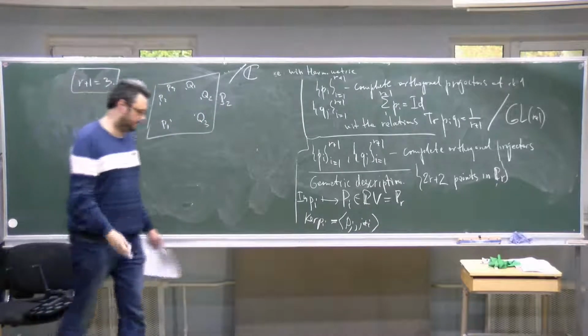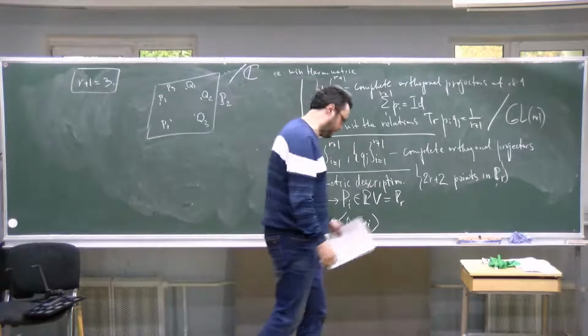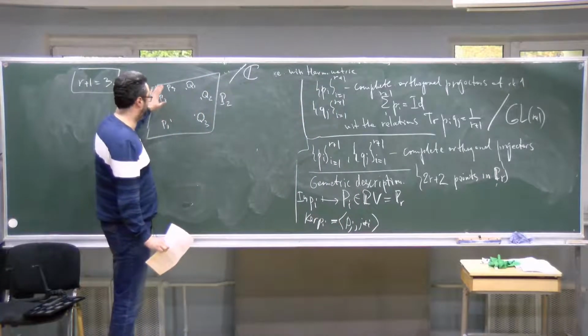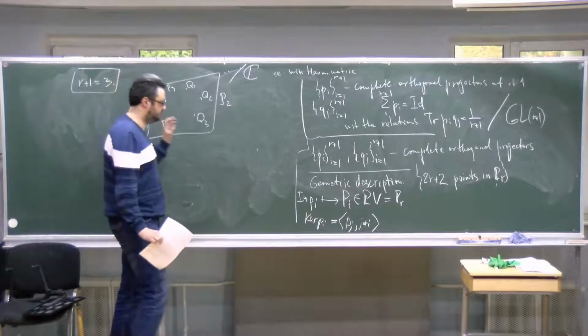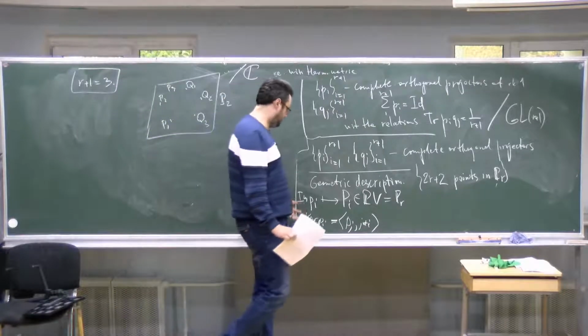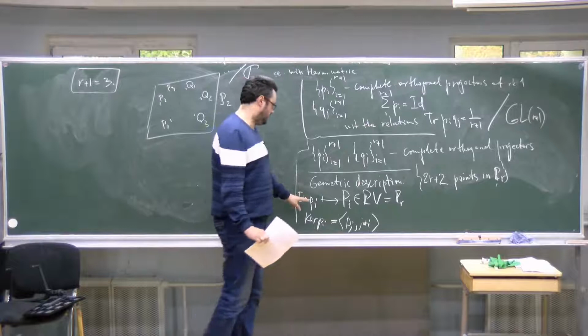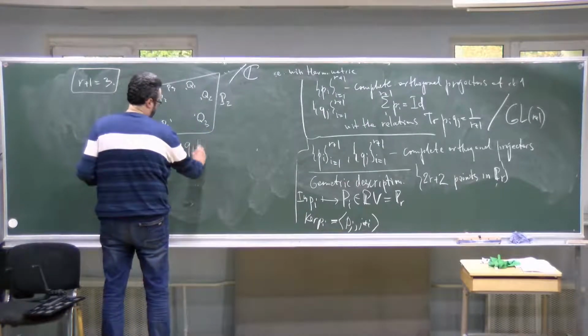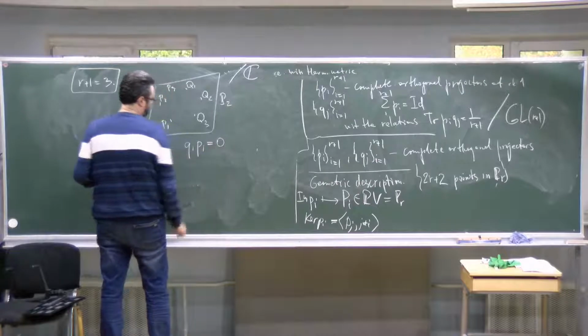So we can consider some connection between the geometry of these 6 points and some conditions on projectors. For example, what does it mean that Q1 P1 is 0?